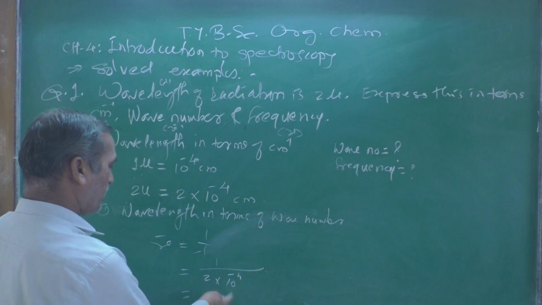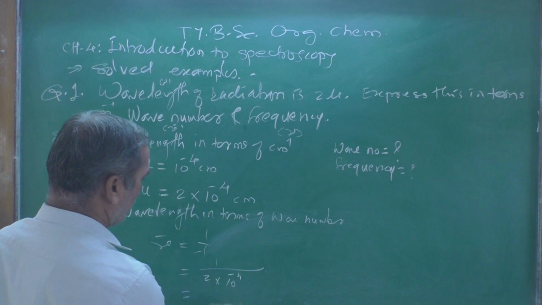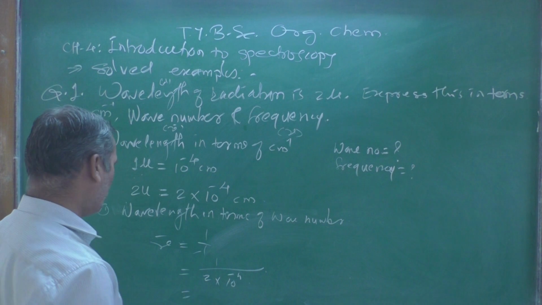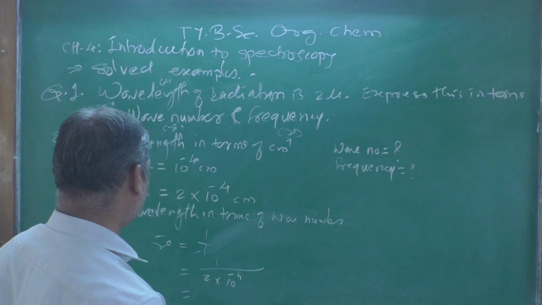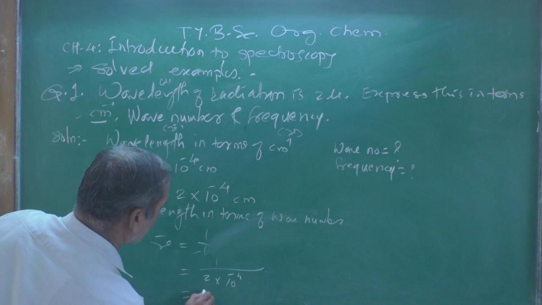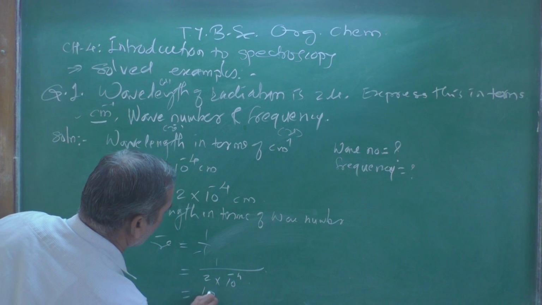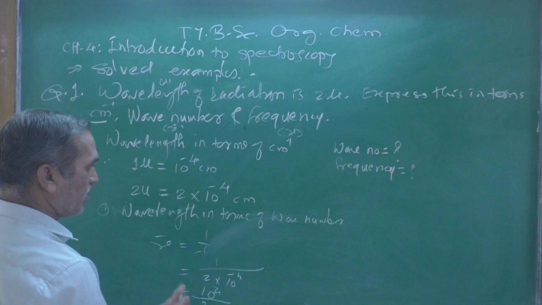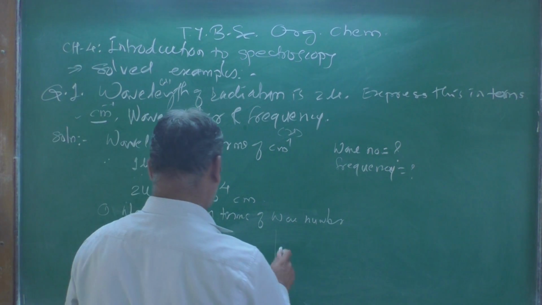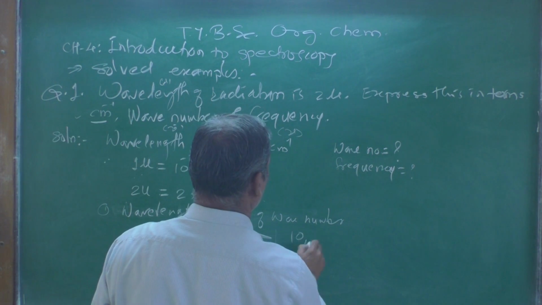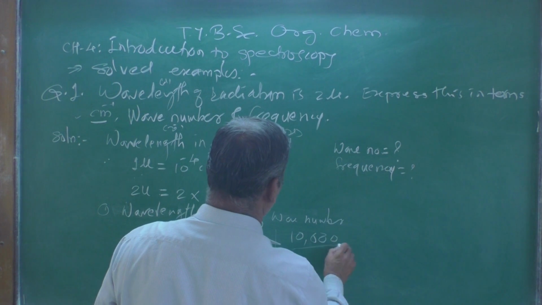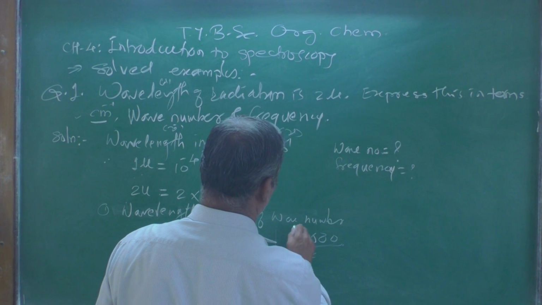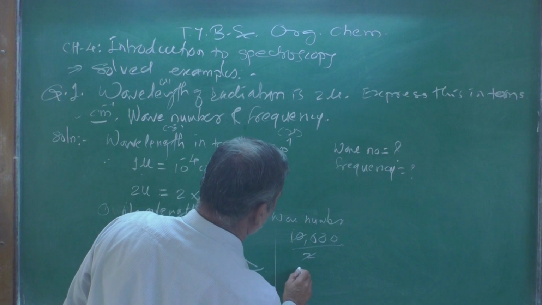And when it comes to the denominator above, what do you get? 10 raised to minus 4 becomes 10 raised to 4 here, so 10 raised to 4 divided by 2, or you can write it as 10,000 divided by 2, which is 5,000.